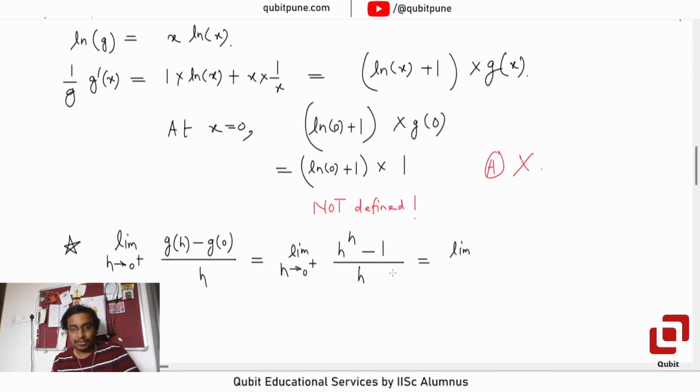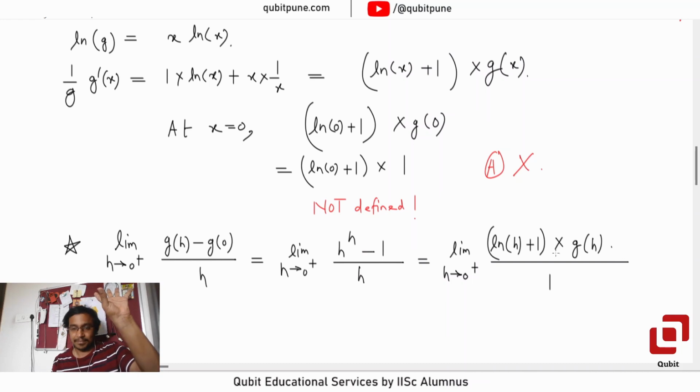So L'Hospital's rule applies. Derivative of h is 1. H raised to h derivative, we have just found it out. It is ln h plus 1 into g of h. And again you basically get the same result there, because the log of 0 is not defined, ln h is going to be negative infinity. So option A is correct.